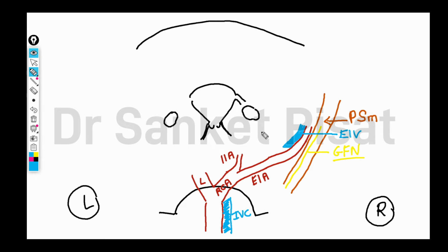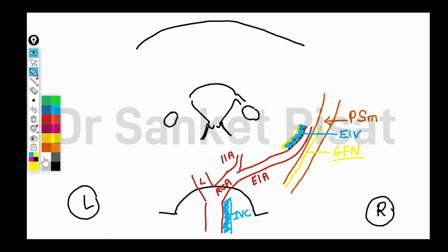The significance here is that when you are doing lymph node dissection in cases of CA endometrium, it is possible that while dissecting between the two you may damage it, particularly because these lymph nodes lie between the two structures and there is always some covering of fat over the external iliac vein. So this external iliac vein may not be seen as clearly as the external iliac artery.